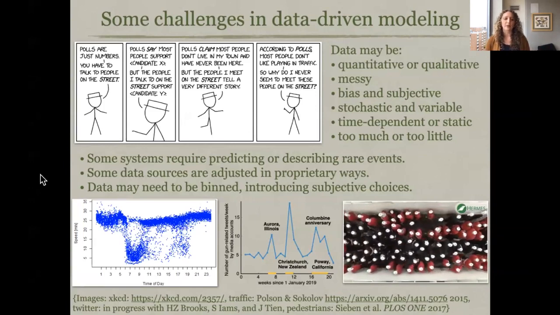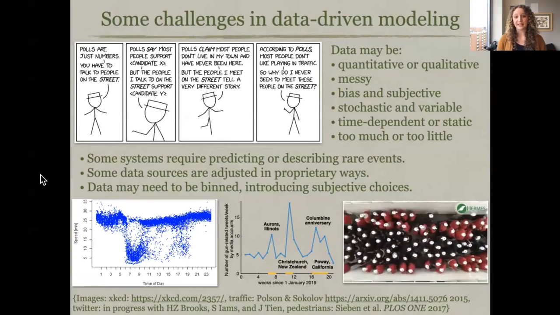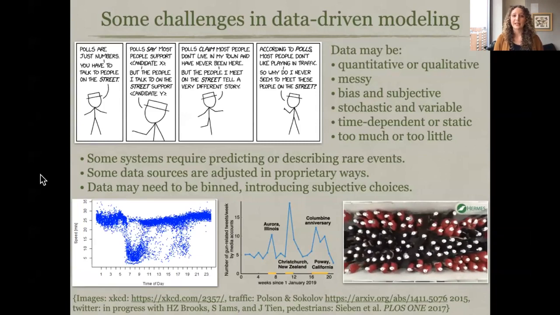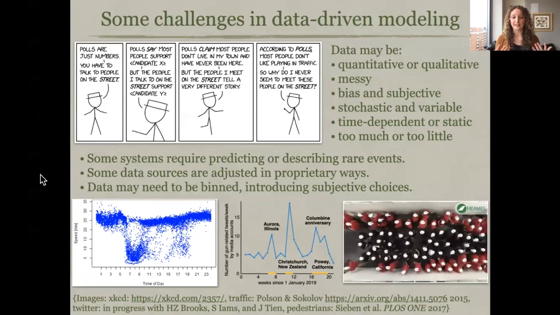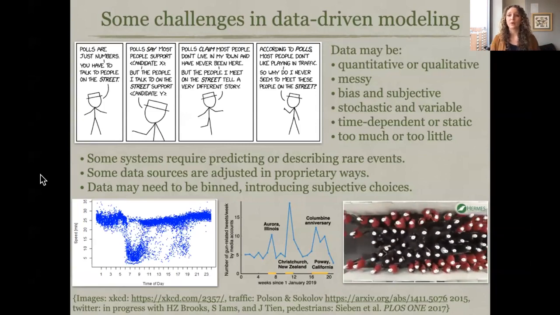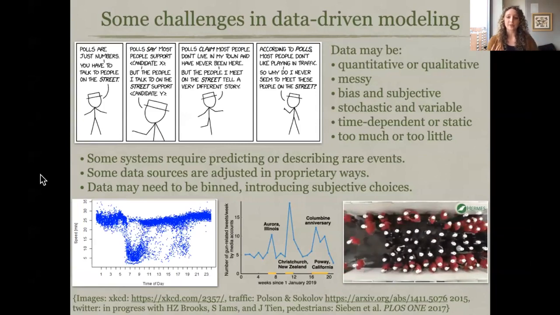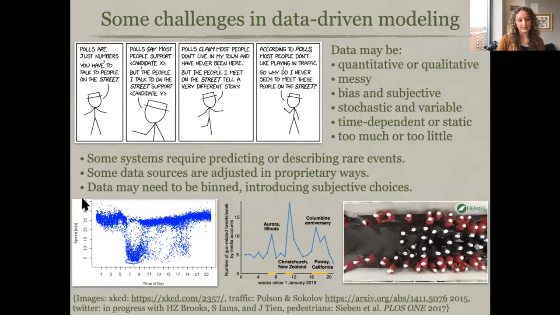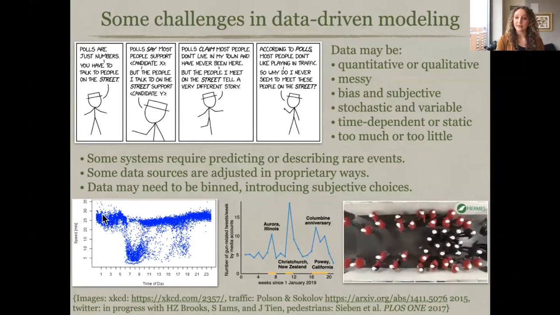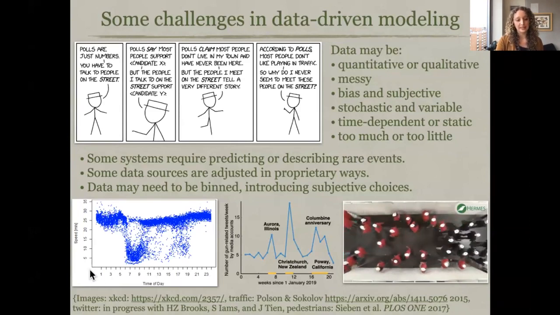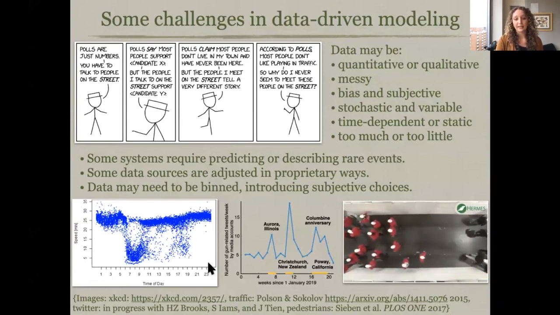And I think one of the challenges specifically in complex social systems is that a lot of times you're trying to build models to forecast events that are rare or that are outliers. As one example, in this picture each point is the speed of cars versus the time of day. The key point is that early in the morning, the cars are fast.